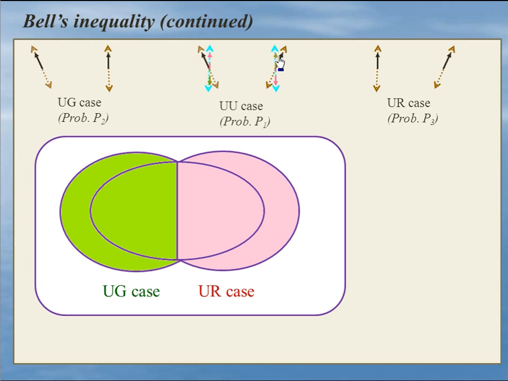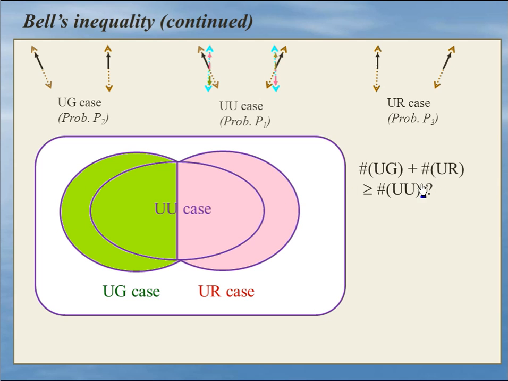And when the setup is green, green, we get a positive detection over here. So in other words, the UU case is covered by the UG case and the UR case. So if we ran this experiment, say we did 1,000 particle decays with the detectors like this, and 1,000 particle decays with the detectors like this, and 1,000 particle decays with the detectors like this, we would expect that the number of detections here plus the number of detections here should be at least as big as the number of detections here. Why? Because of this picture.